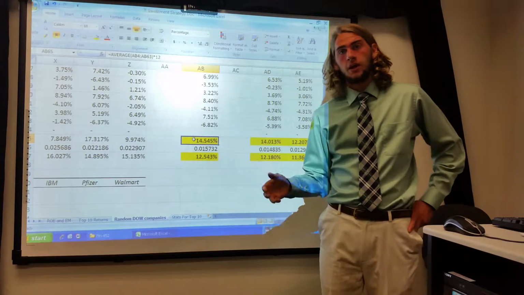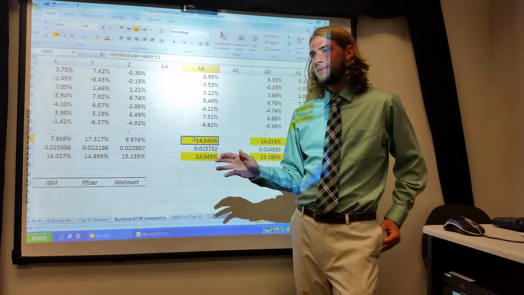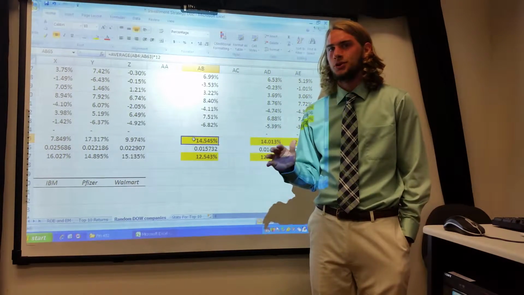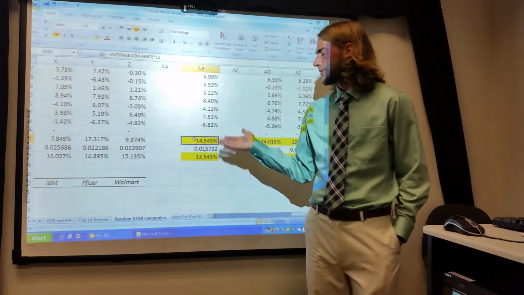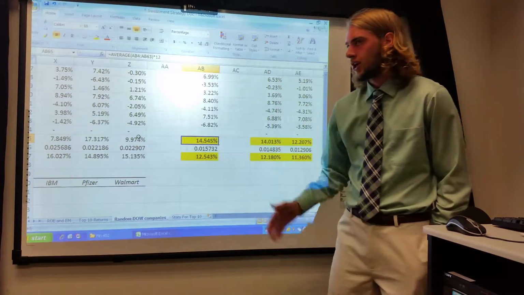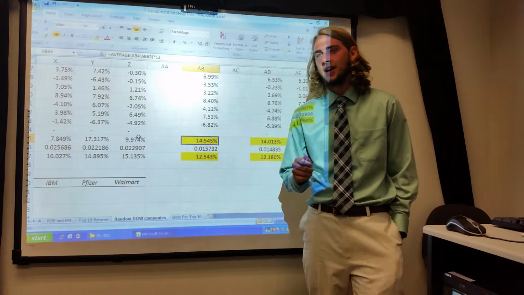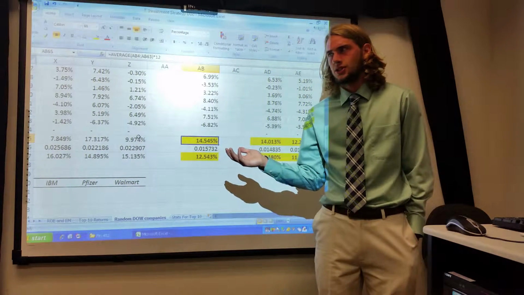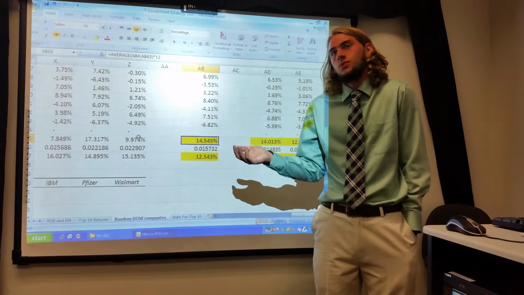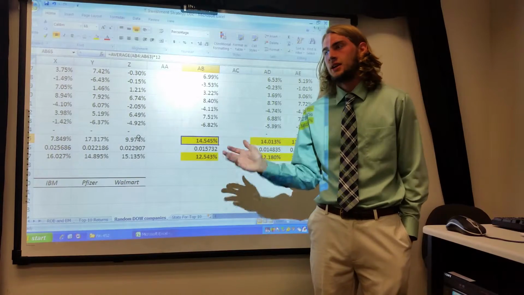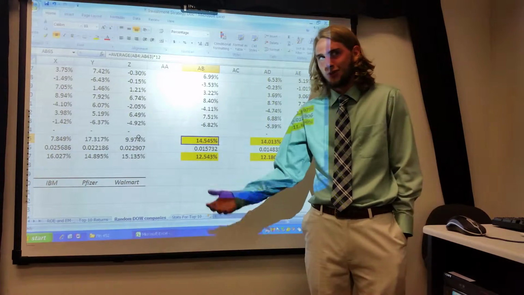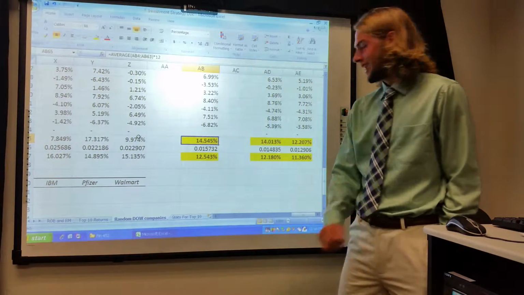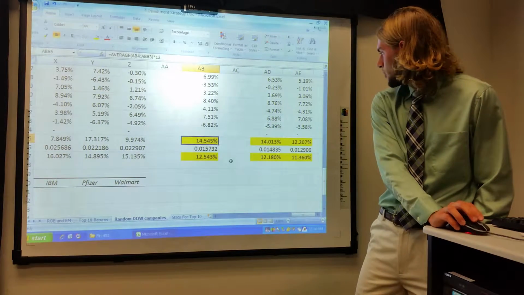So portfolio A, the companies that did fit the criteria, had about a 6 to 7% higher annualized return over the period with a less than 1% higher standard deviation. So 6 to 7% more return with less than 1% more risk. I would take portfolio A over portfolio B, and I think most rational investors would as well.